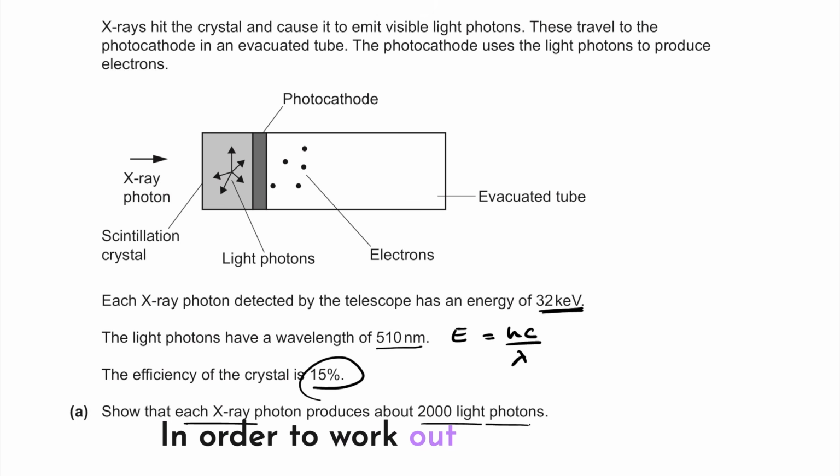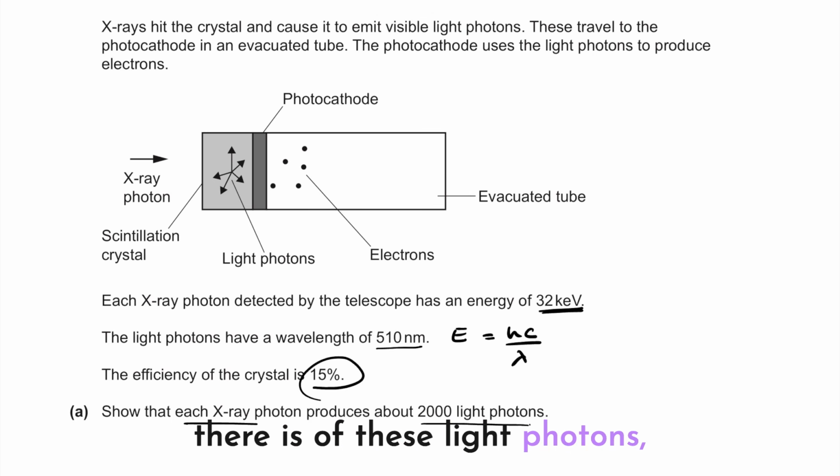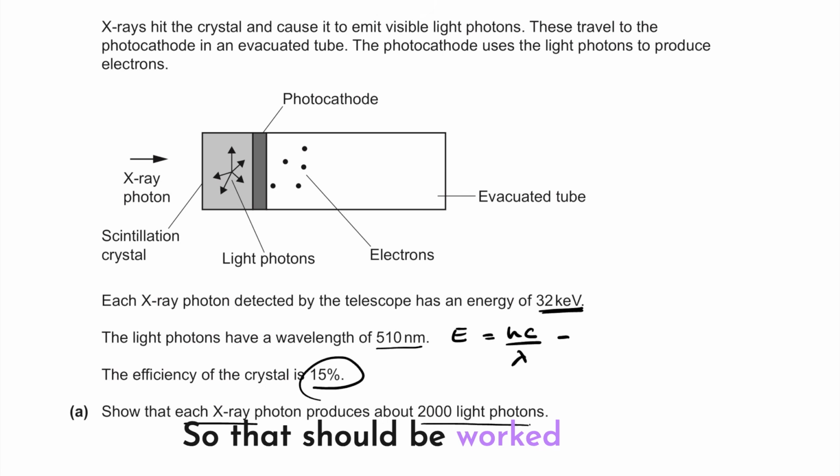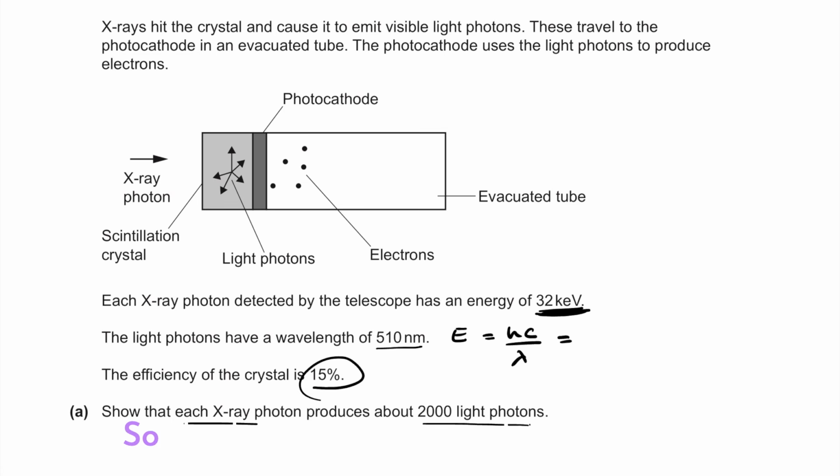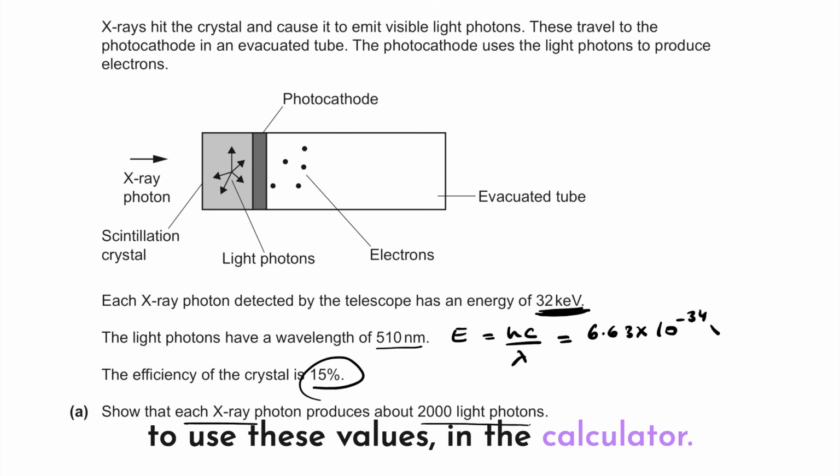In order to work out the number of these light photons produced, we need to work out how much energy there is of these light photons. That should be worked out in joules and then converted into electron volts as well. That's quite simple, and you just have to use these values in the calculator.